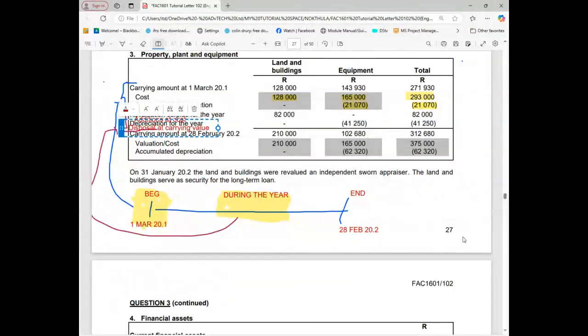I don't know if it makes sense. So anything that happened during the year, whether I sold, I disposed, I bought, anything. Yes, you will get it from the information given.